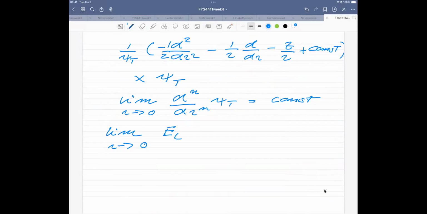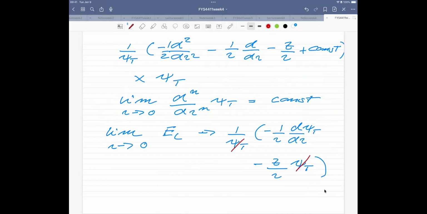So what we are getting then, if we look at that, this is going to go towards 1 over psi of t, and then I have minus 1 over r. This term here, d dr psi of t, is a constant. And then I have minus z divided by r times psi of t. Now the psi of t in the potential term cancels that one.